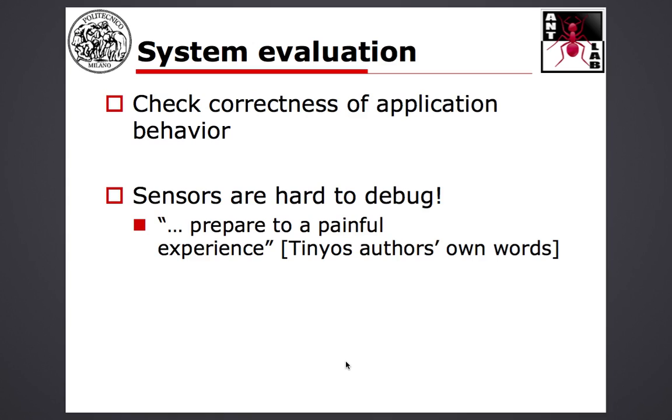Generally because it's very hard to debug applications based on sensor networks. There are so many variables that you can't just try the application again until you find an error in real life.